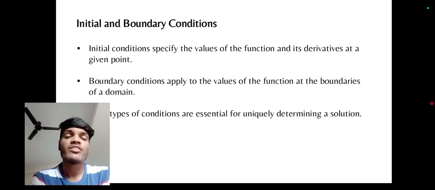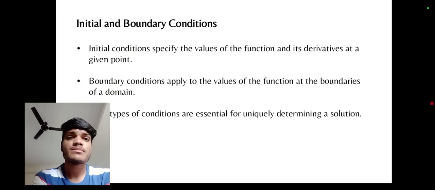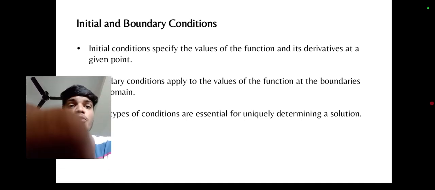Next, initial and boundary conditions. Initial conditions specify the value of the function and its derivatives at a given point. Boundary conditions apply to the values of the function at the boundaries of the domain.